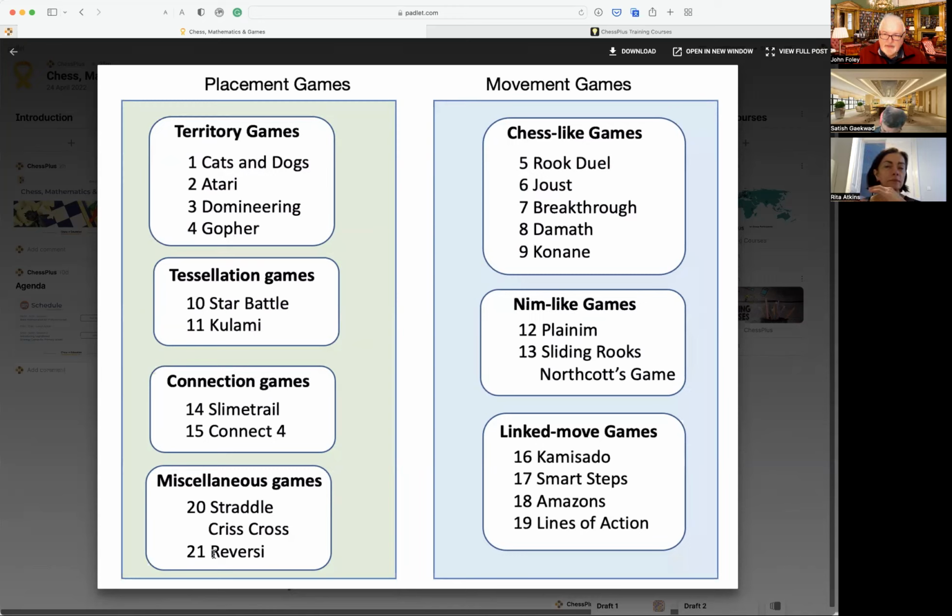And some of these games are actually played in the World Mind Sports Olympiad, and these events challenge people to think. What we're looking at here are fairly straightforward, slightly simpler versions of these games.